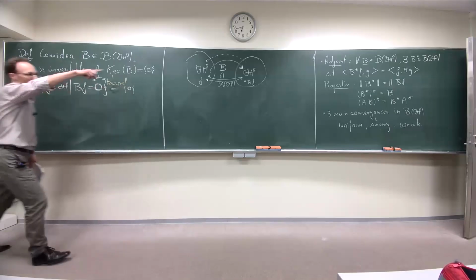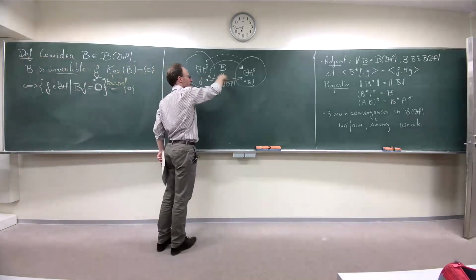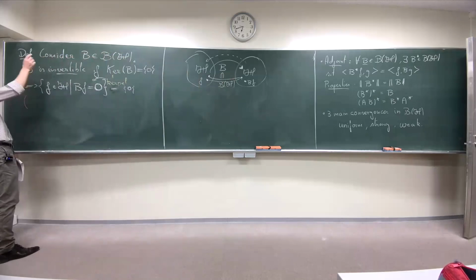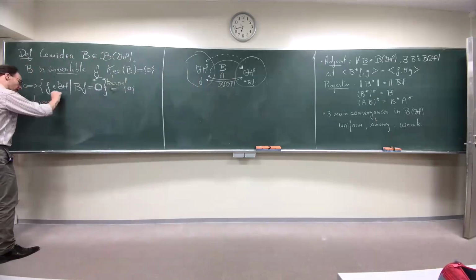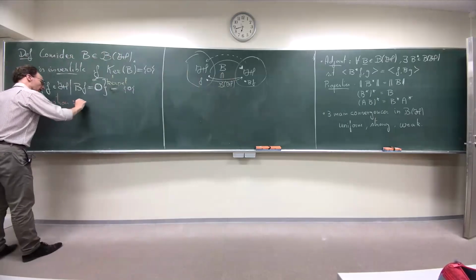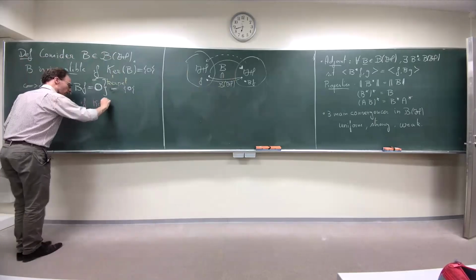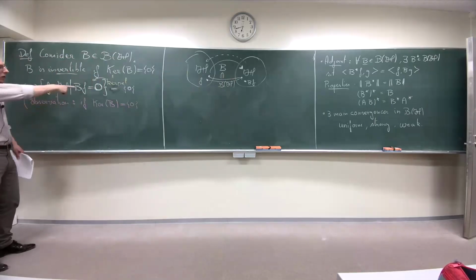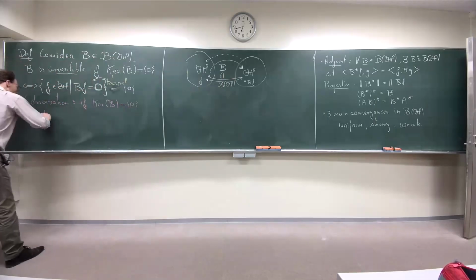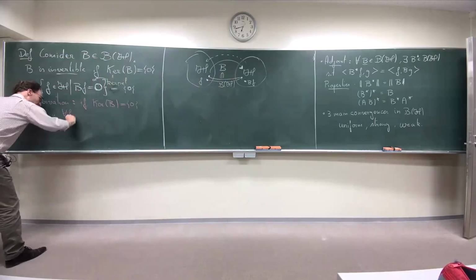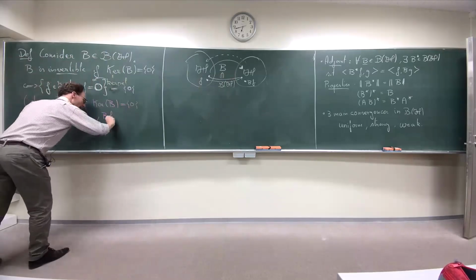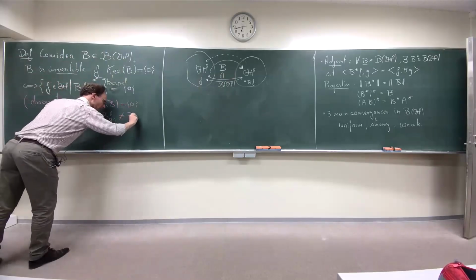Why is it important? Why does it imply that this doesn't happen? So, observation. If the kernel of B is 0, so it contains only 0, 0 is always there, then for any F1 different from F2, B of F1 is different from B of F2.